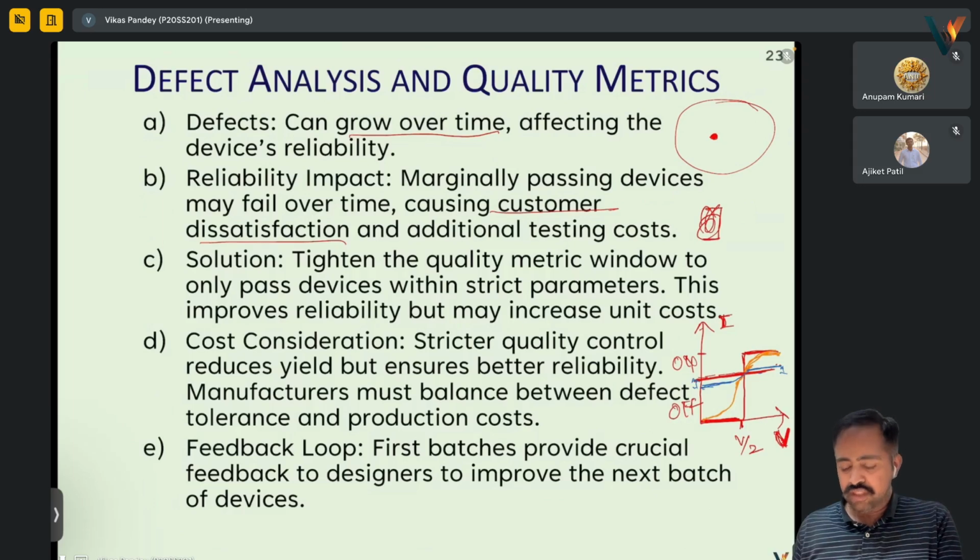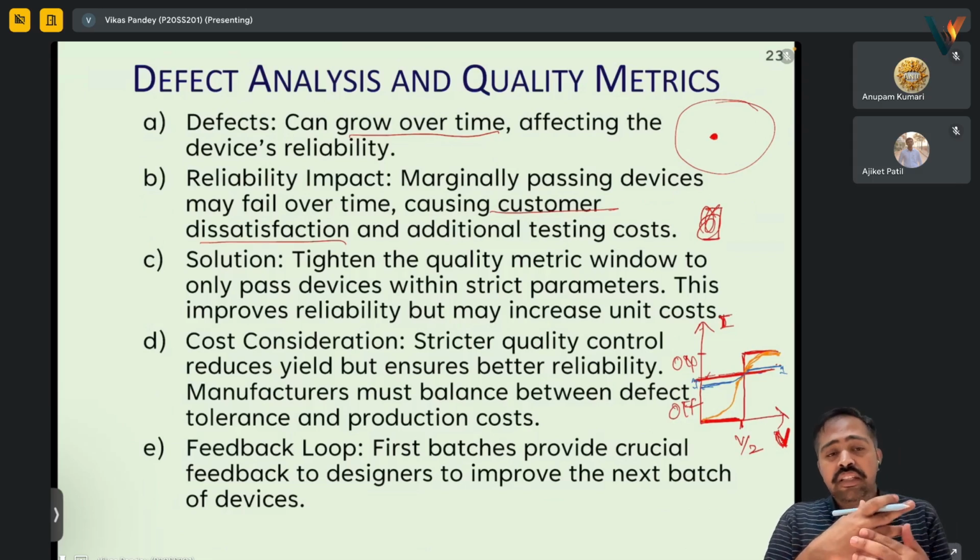Some small changes can easily happen, and then it will not work. Then to compensate for this problem, we might need additional cost, additional testing, and these things.